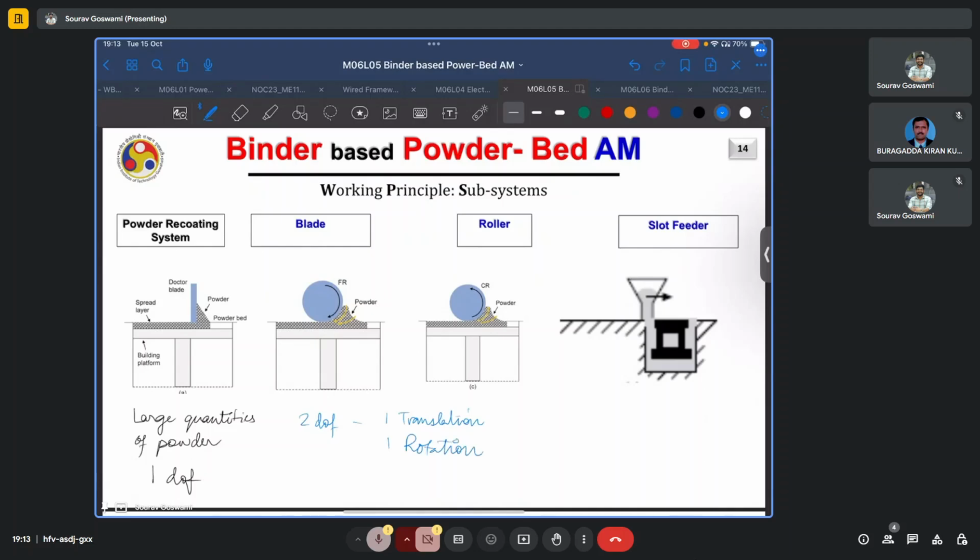As we already know, if this is the direction of travel, the first case is a forward rotating roller because the sense of rotation also corroborates with the direction of travel, whereas the other case is that of a counter rotating roller. The forward rotating roller tends to compact the powder, so in this case there is a greater compaction, and resultantly there is also a greater packing density.